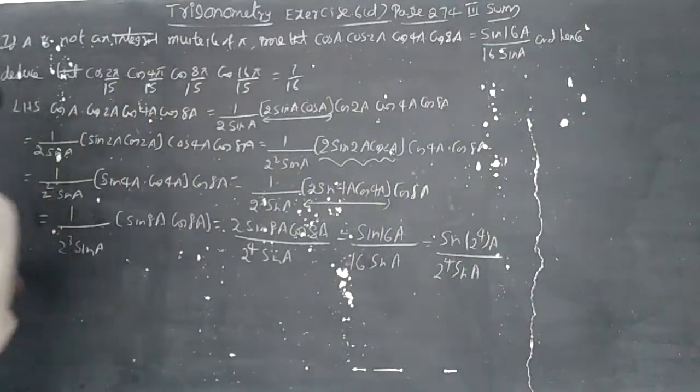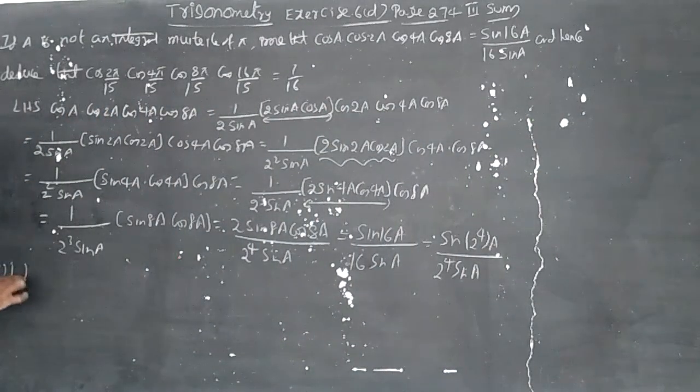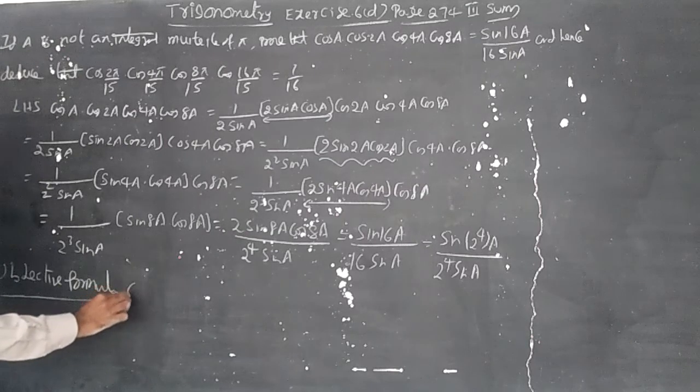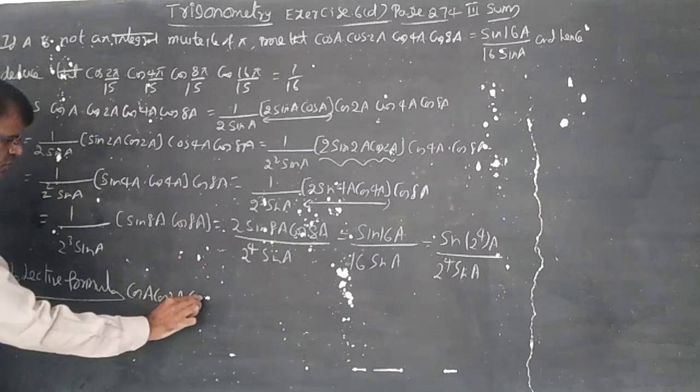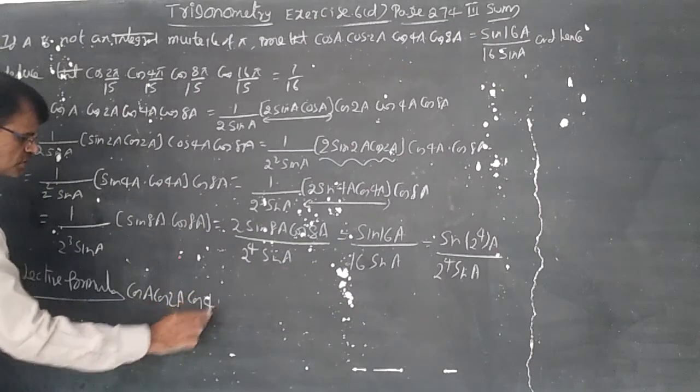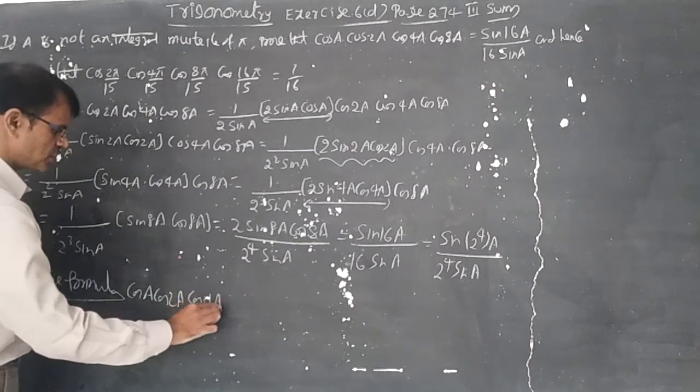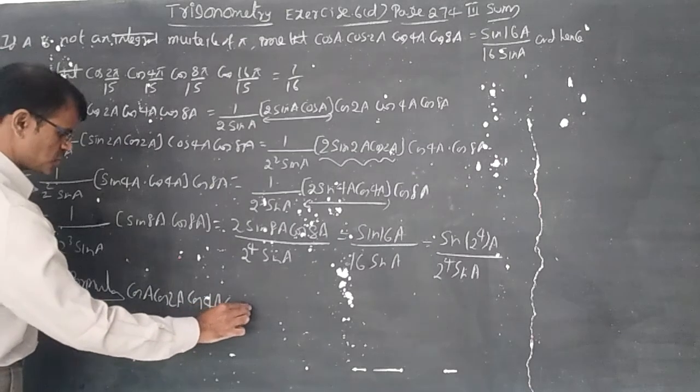I am writing here the objective formula for MCET or mains or advanced. You should remember this one as a formula. The objective formula is cos A, cos 2A, cos 4A, cos 8A, and so on.